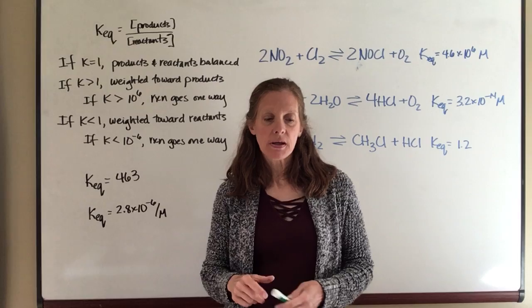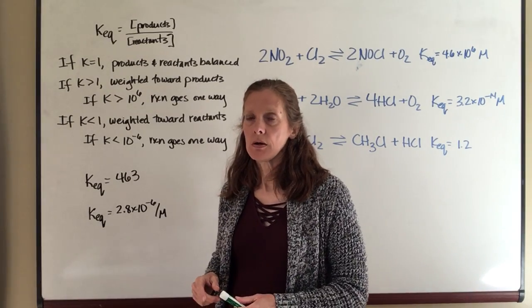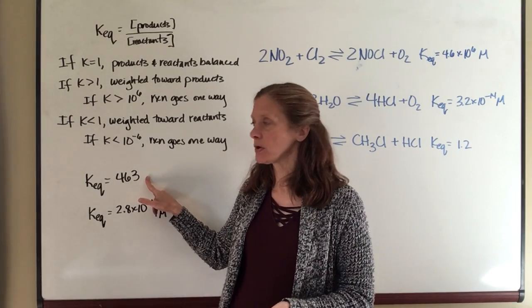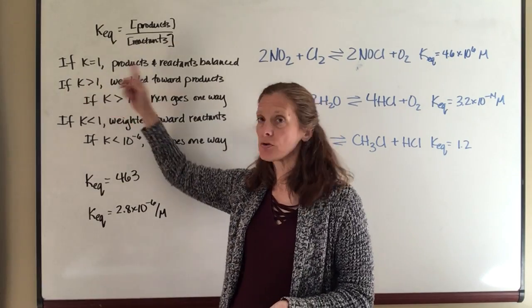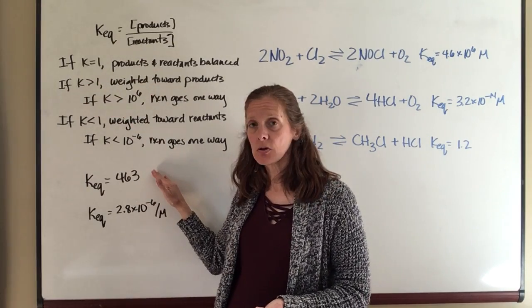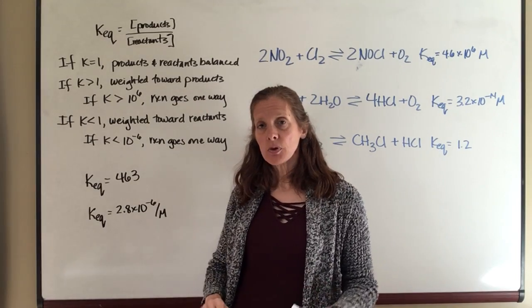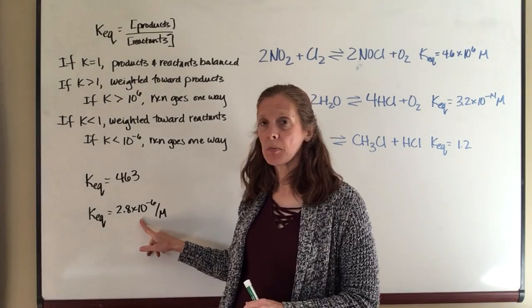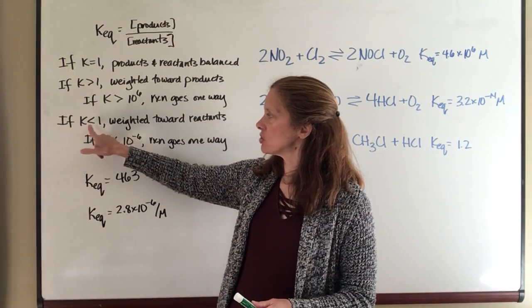So if I look at the problems that we did in video number 1, the equilibrium constant that we got for the first problem was 463. So since that equilibrium constant is greater than 1, I know that that particular reaction was weighted towards the products. The second equilibrium constant that we calculated was 2.8 times 10 to the minus 6th, and that is where K is much less than 1.